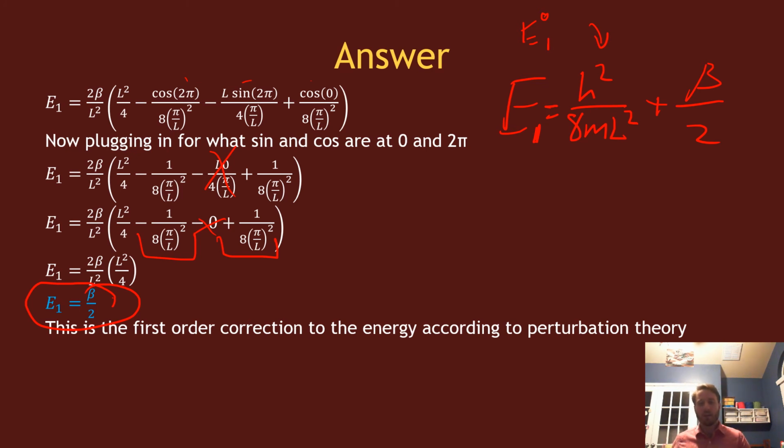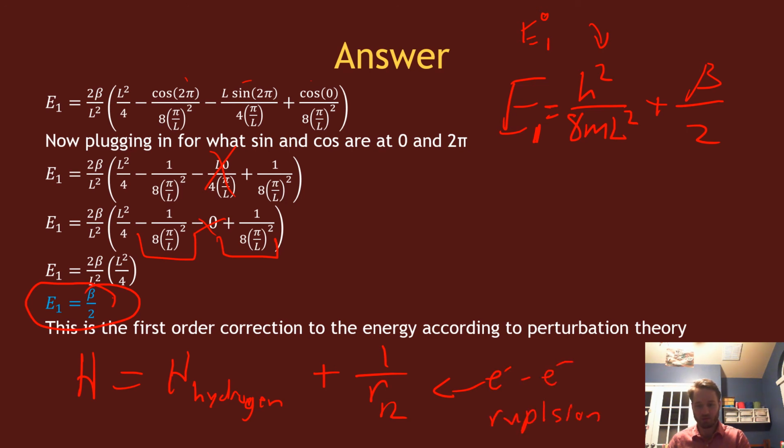All right, and so that is how one would use perturbation theory in practice. And perturbation theory is something that's often used in electronic structure theory. So for multi-electron systems, my Hamiltonian can be split up into something like the hydrogen Hamiltonian plus this 1 over R12 term, this electron repulsion term.